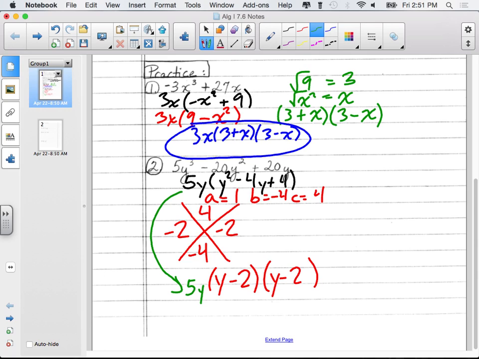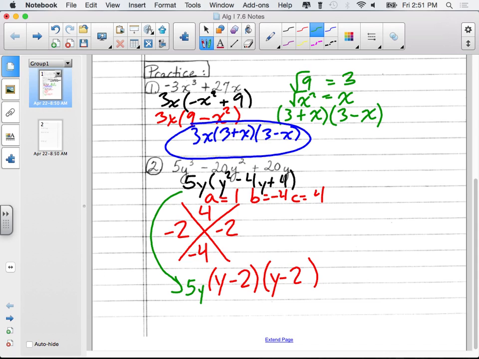Wait, where'd you get the y? It's the first term of A, so you have to write that down. How'd you get the y in the parentheses? That's what we started with. Just remember why we have the y squared there. So, if we were to FOIL this out, what would we get? What's y times y?